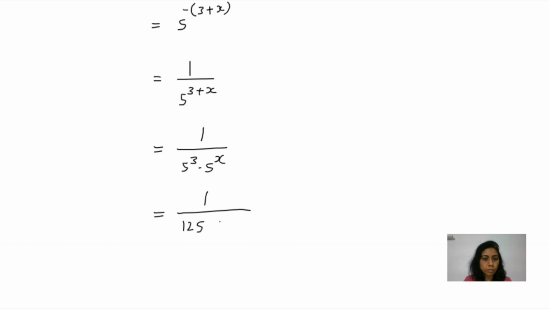Multiply 5^x. Here we can use this dot for multiplication. So the answer is 1 upon 125 times 5^x.